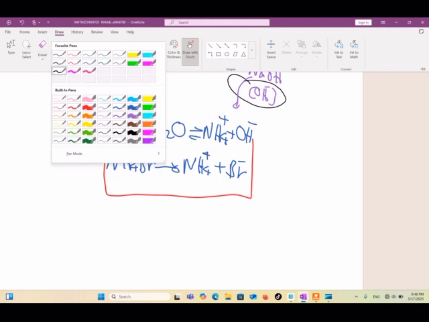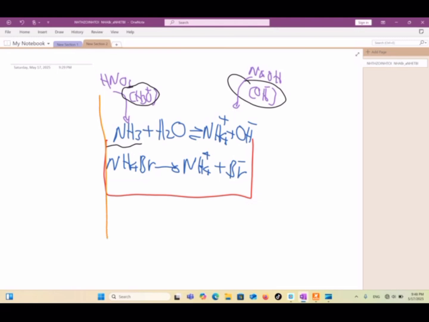Guys, in order to understand how it works, let us examine the addition of hydronium here. Hydronium reacts with hydroxide to form H2O, and then when the hydroxide initially reduces, the shifting goes toward the forward direction. And then what will happen to the hydronium and hydroxide? There will not be any change. Why?